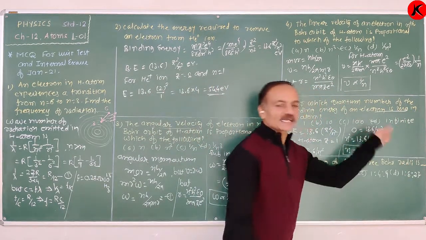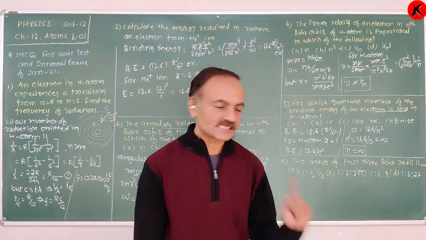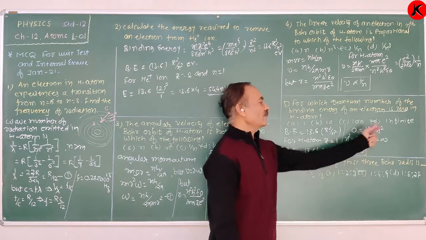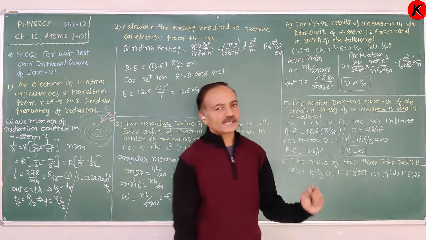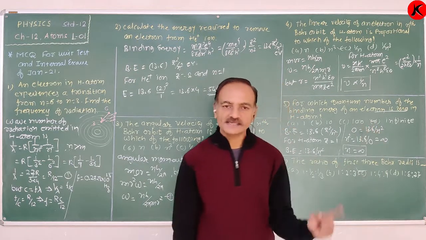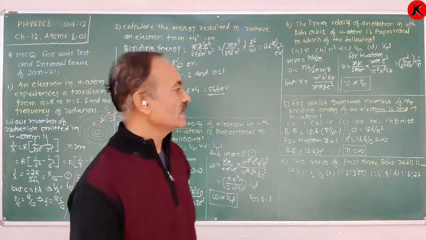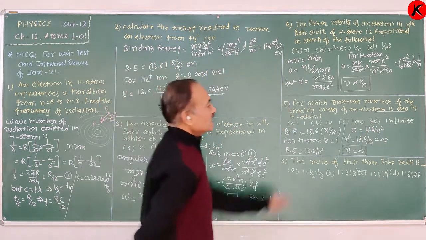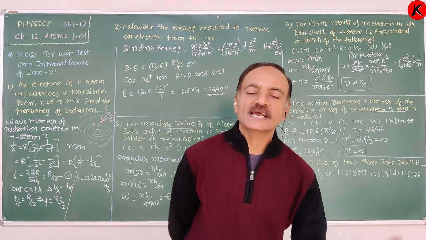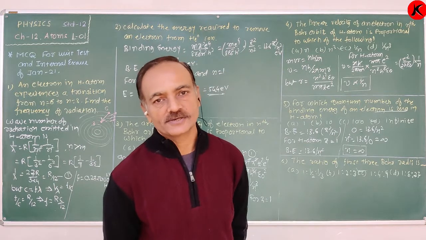Therefore, 0 is equal to 13.6 upon N square. We require the quantum number. Therefore, N square is equal to 13.6 upon 0, so N square is infinite, and N is also infinite. Thus, in the infinite orbit, the binding energy of an electron is 0.